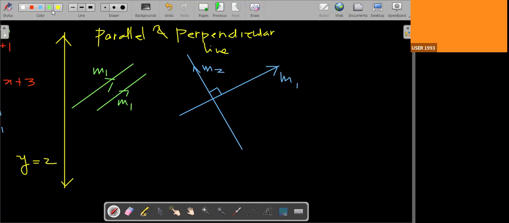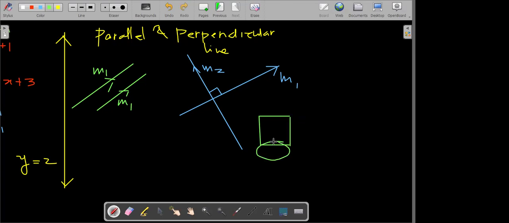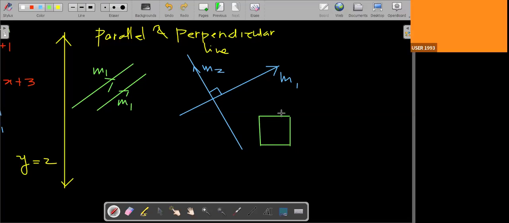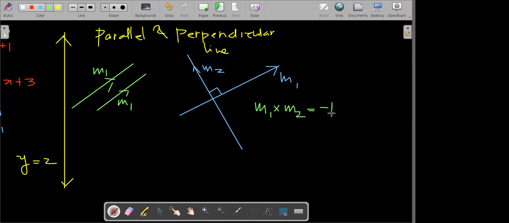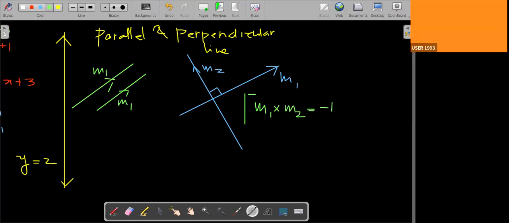If you know that they are perpendicular, for an example, if it's a square, you can see that these two sides are perpendicular to each other, right? Yes. So M1 times M2 is equal to minus 1. This is the relation we use to find what?